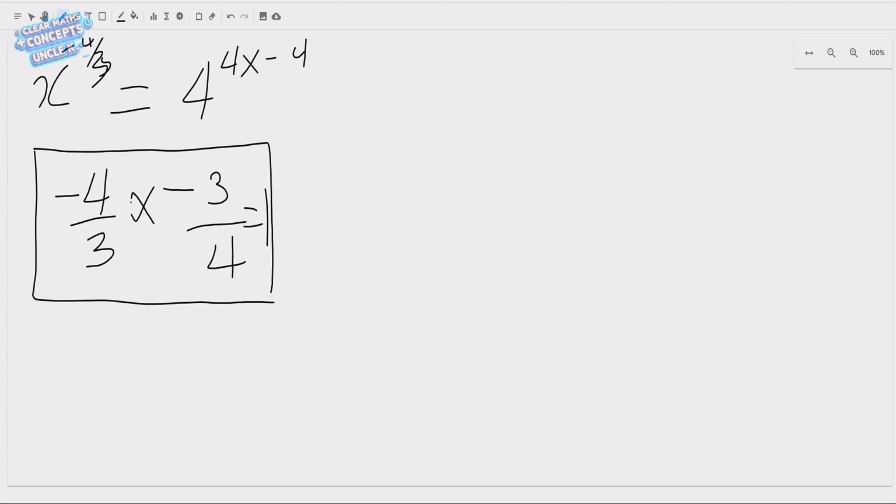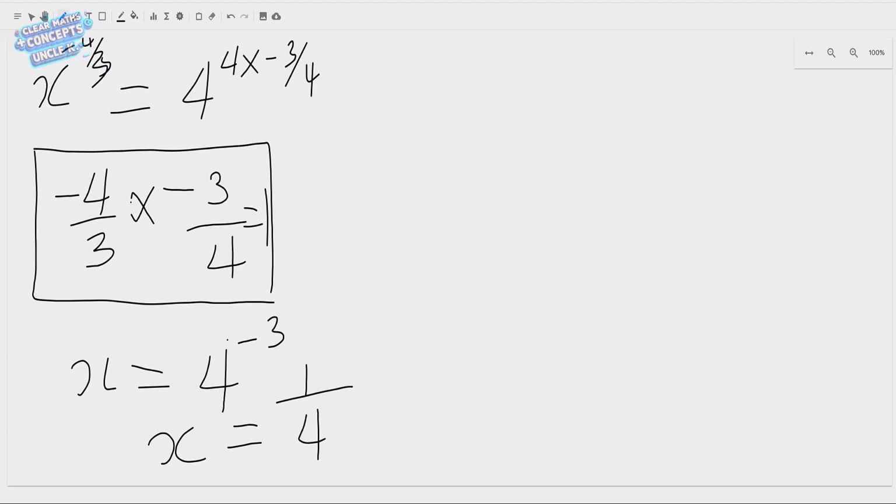So our x will be 4 raised to the power minus 3, which is 1 over 4 raised to the power 3, which is 1 over 64.